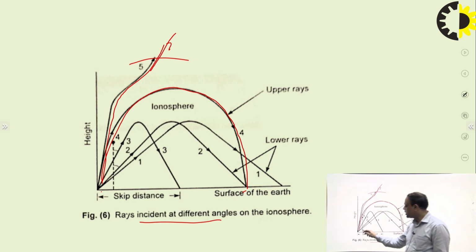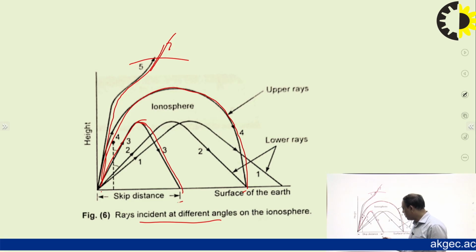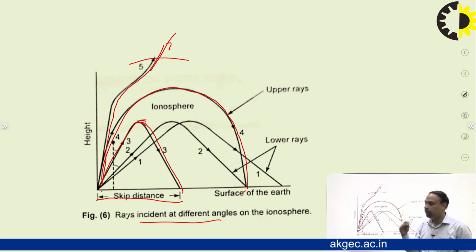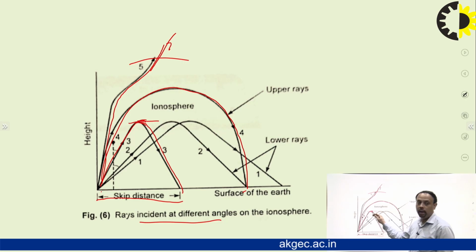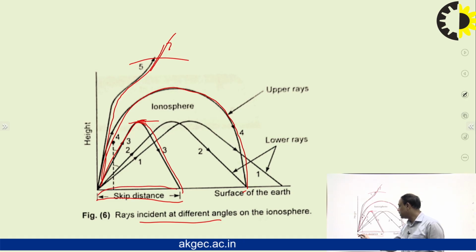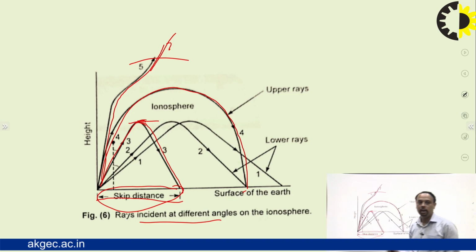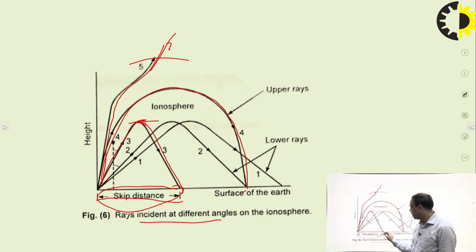The third case is when the wave is reflected from the very lower layer of the ionosphere and reflected back, and this is the minimum distance because it is reflected from the very lower layer. Beyond that there is no ionosphere, so there is no reflection. So this is the minimum distance that is not covered by this transmitter, because the minimum distance after which the signal starts being received is from this point to this point.